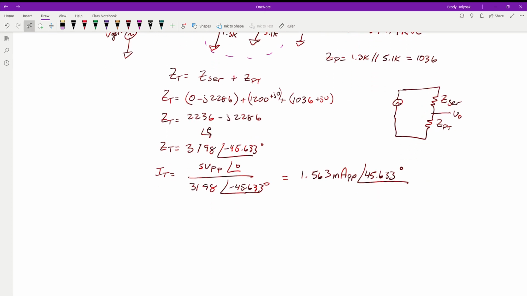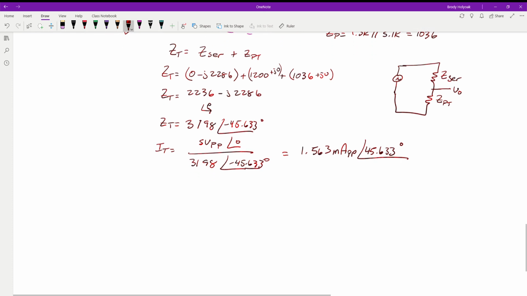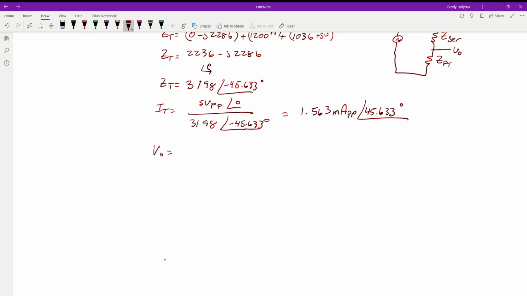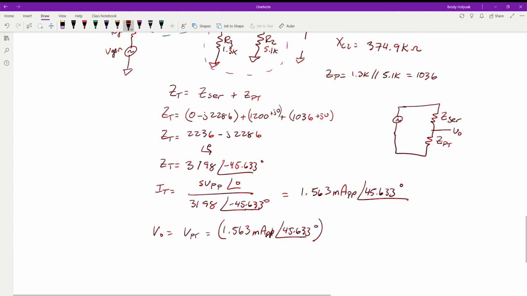Okay, so now that we have this current flowing through those two series resistors, the groups of resistors we've combined together, we find the voltage out is equal to the voltage drop of the parallel total. So we take the 1.563 milliamps peak to peak at an angle of 45.633 degrees and multiply that by the parallel resistance.